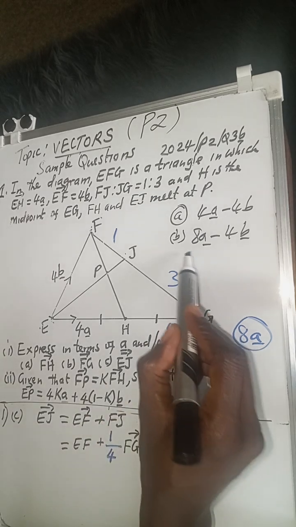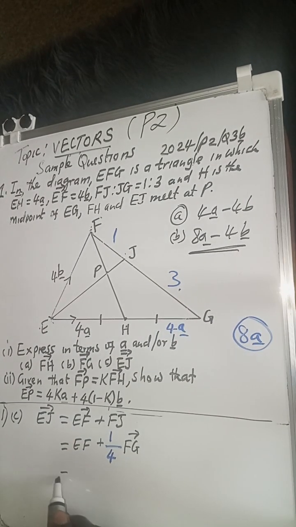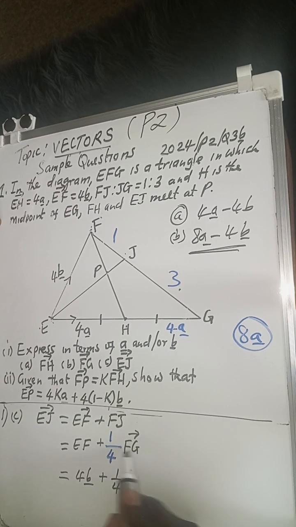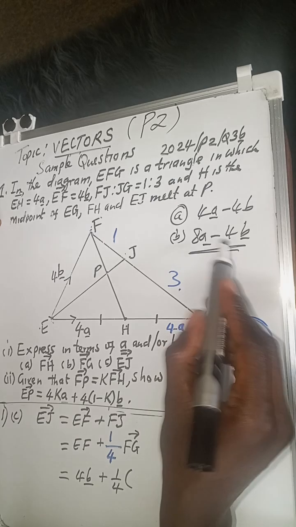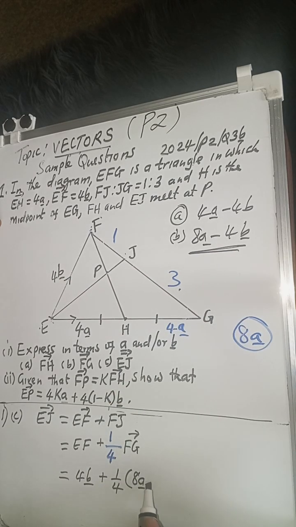Remember, B was FG. So it is going to be EF is 4 vector B plus 1 over 4 multiply FG. We found that one, 8 vector A minus 4 vector B. So it will be 4 vector B plus 1 over 4 times 8 vector A, which gives us 2 vector A. 1 over 4 times minus 4 vector B, the 4 and 4 will cancel, so it will give you just vector B. Then you can add the like terms.